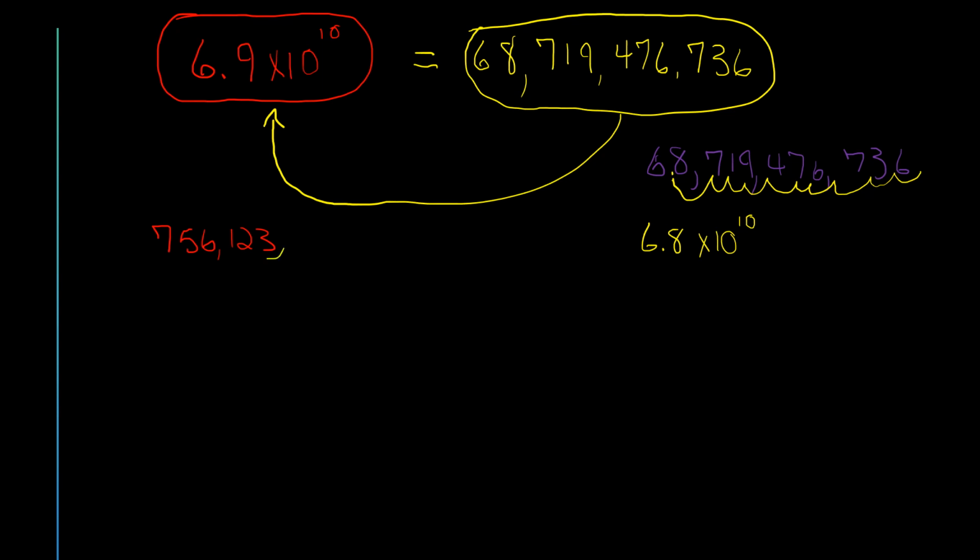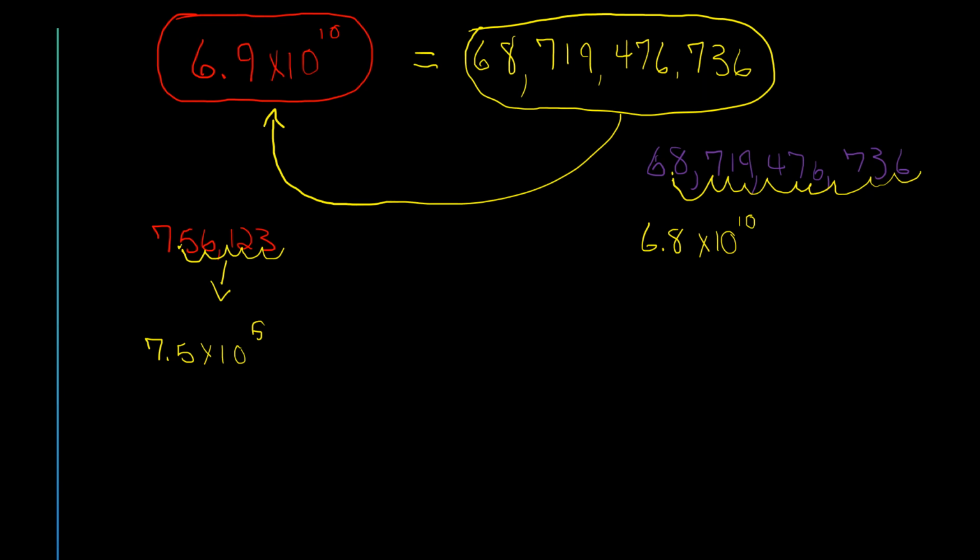So we got 1, 2, 3, 4, 5. Remember that 5. If we put this in scientific notation, it would be 7.5 times 10 to the fifth power, because we move 5 times from right to left.